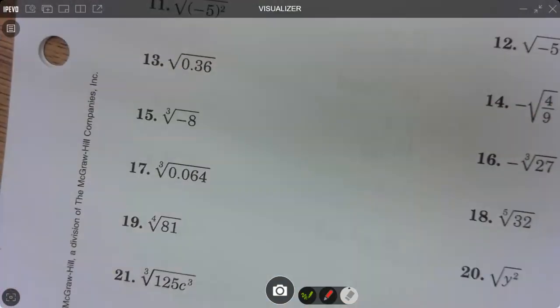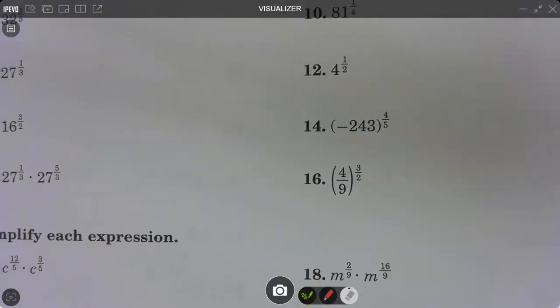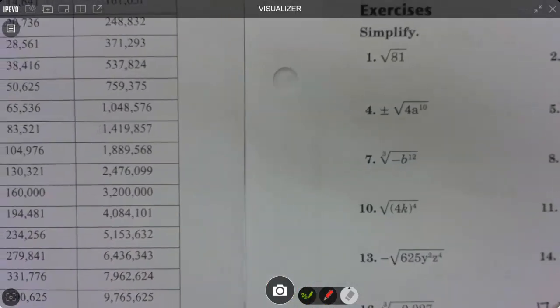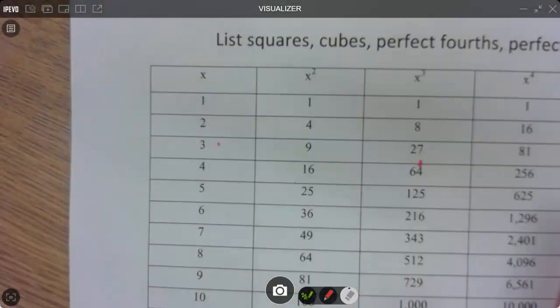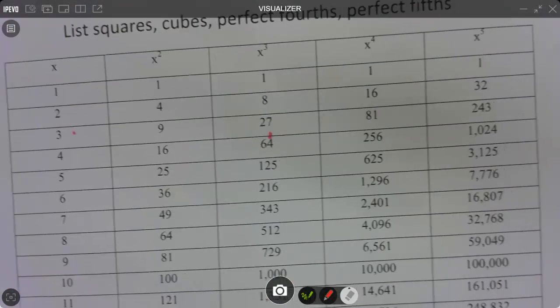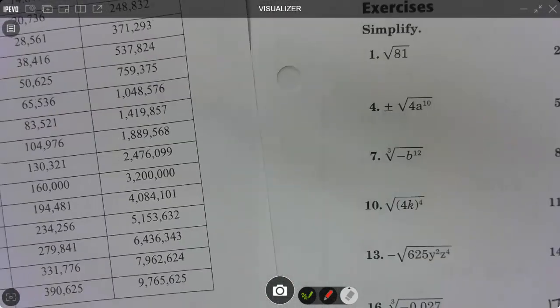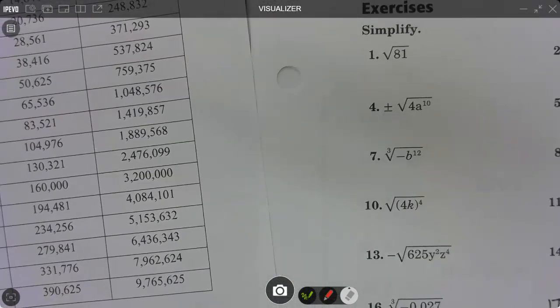Okay, so then your homework is that next page, front and back. Due tomorrow. On simplifying, so you have your handy dandy list of cubes, fourths, fifths, etc. That first one is a square root.